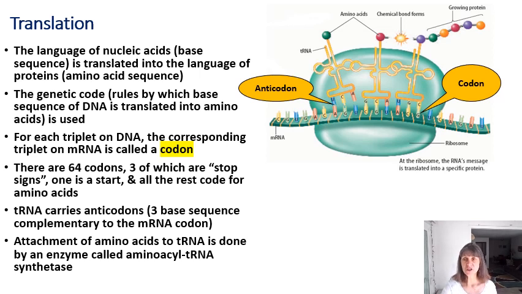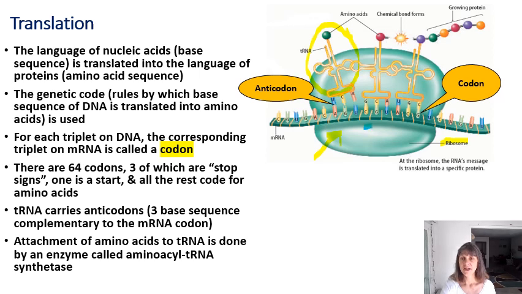In this picture, we can see the ribosome comprised of the small subunit and the large subunit above. We can see the messenger RNA with its triplet codons, and we see the anticodons attached to the transfer RNA molecule.